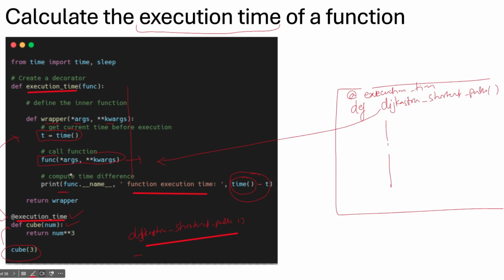So this decorator can be used at multiple places with each and every function. Instead of writing this every time, you just need to create a decorator and add it with the @ sign.